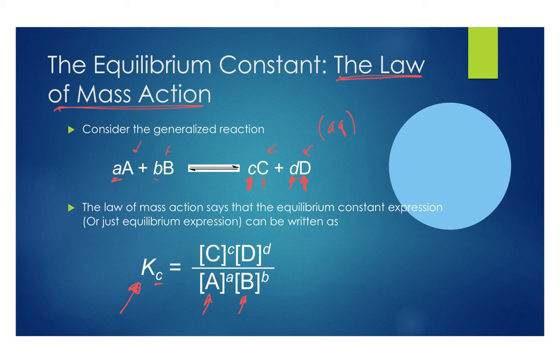If we have other products and other reactants, of course, we would just add those on. If we only had one reactant or one product, then we would only have one term in there. But essentially, again, we've got products over reactants.